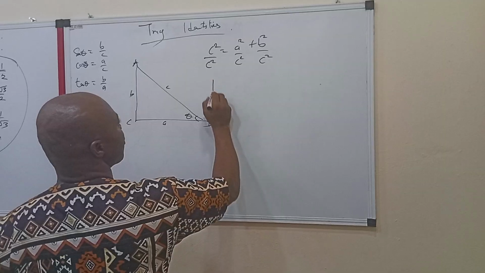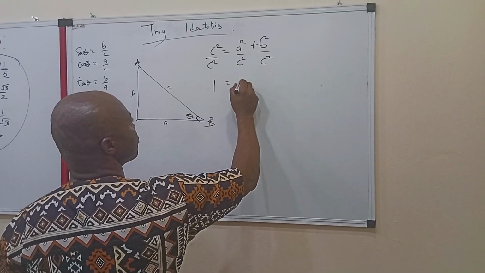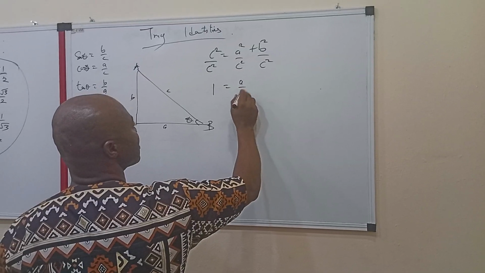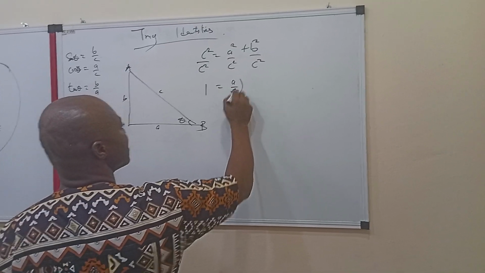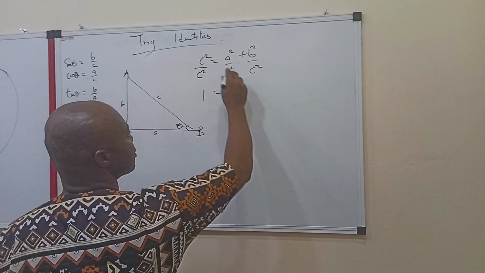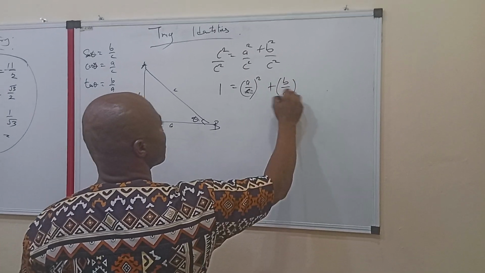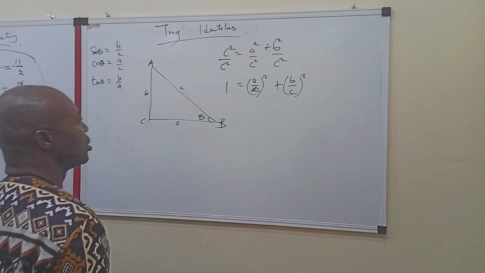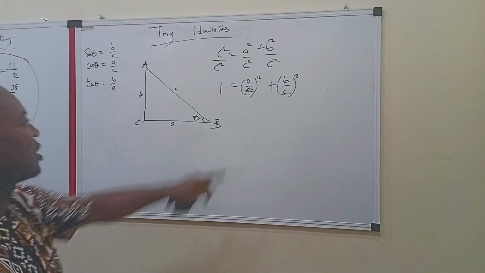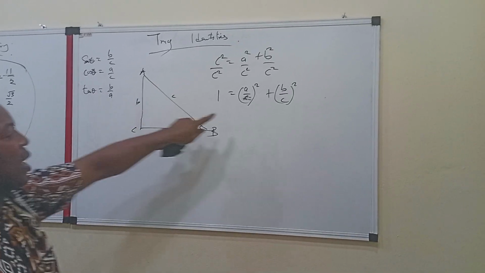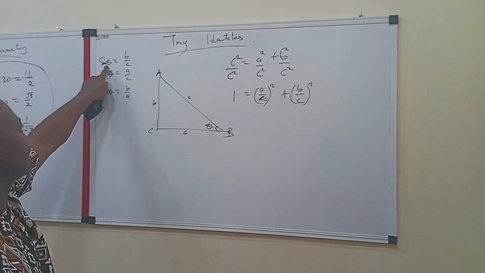Then this becomes 1 will be equal to A all over C raised to power 2, then B all over C raised to power 2. But remember that we have said that A over C is the same thing as cos, and B over C is the same thing as sine.